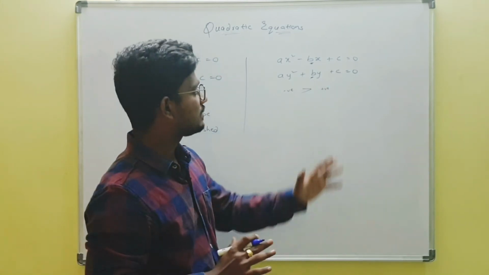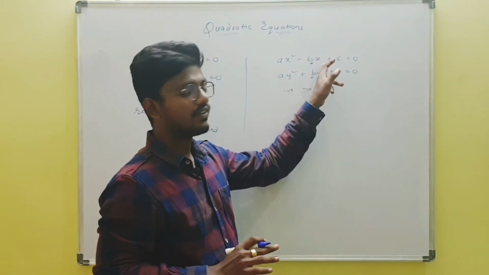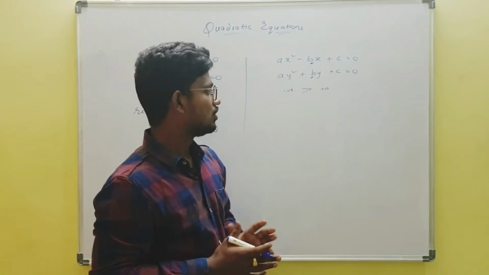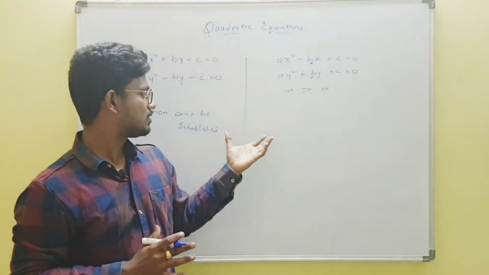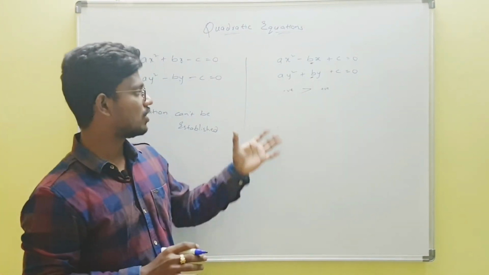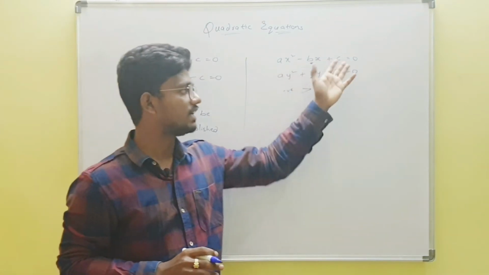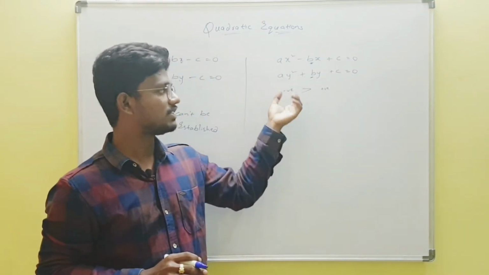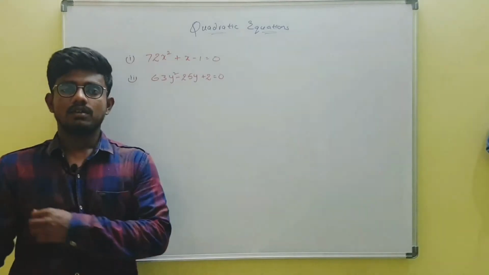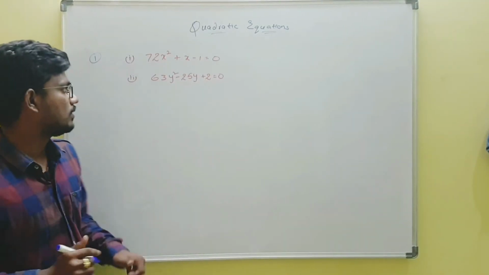So directly we can say that the roots of x is greater than the roots obtained in the second equations. So we have to remember these two note points so that we can save our time. Without solving the equations and without finding out the roots, we can establish the relationship between the roots of these two equations. Now let us discuss some examples.